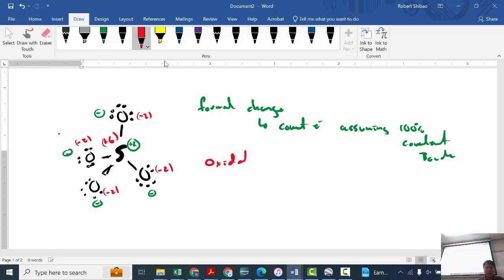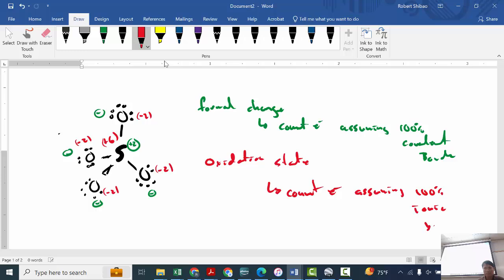For oxidation state, we count the electrons, assuming 100% ionic bonds. And so that's going to impact the bonding electrons here.